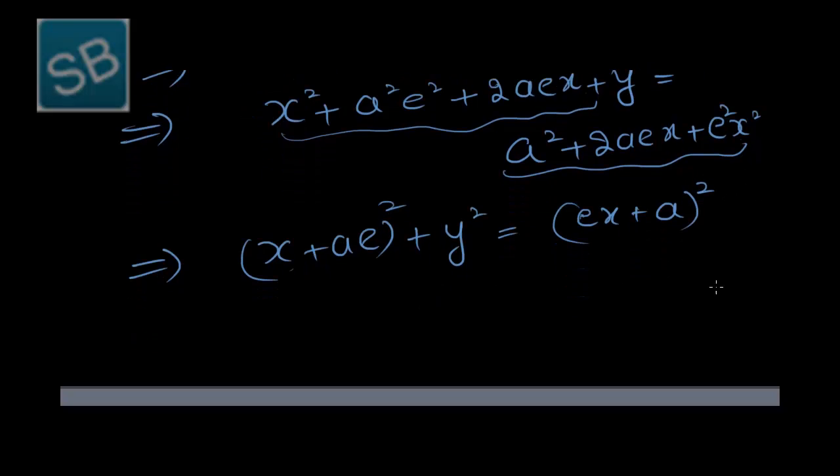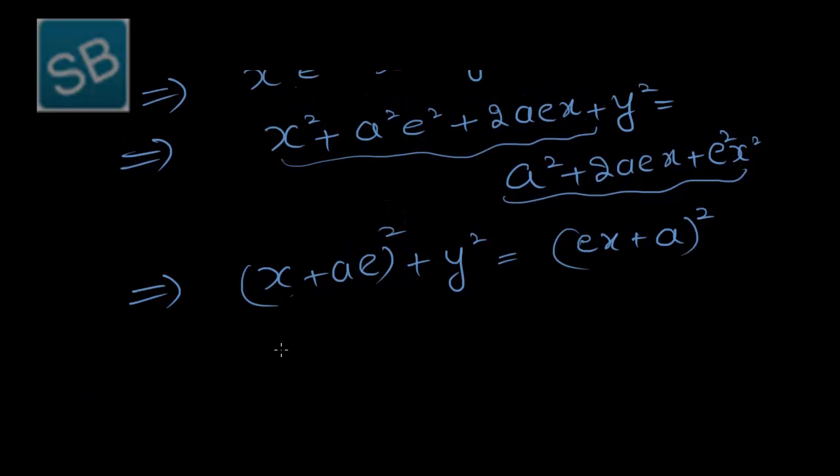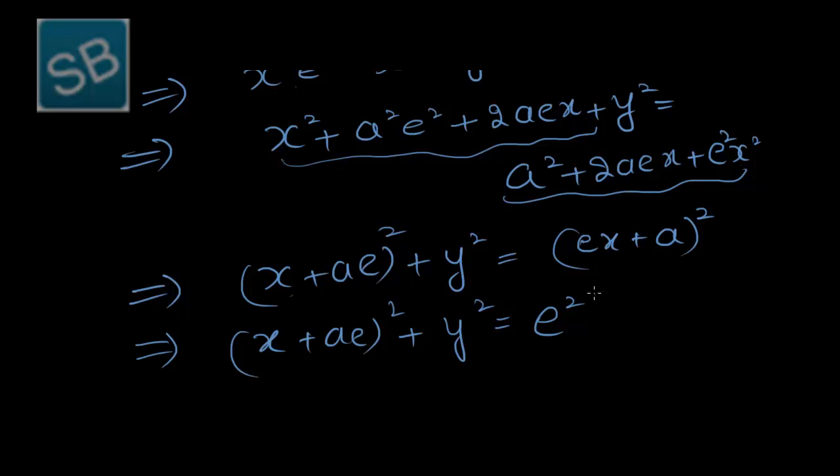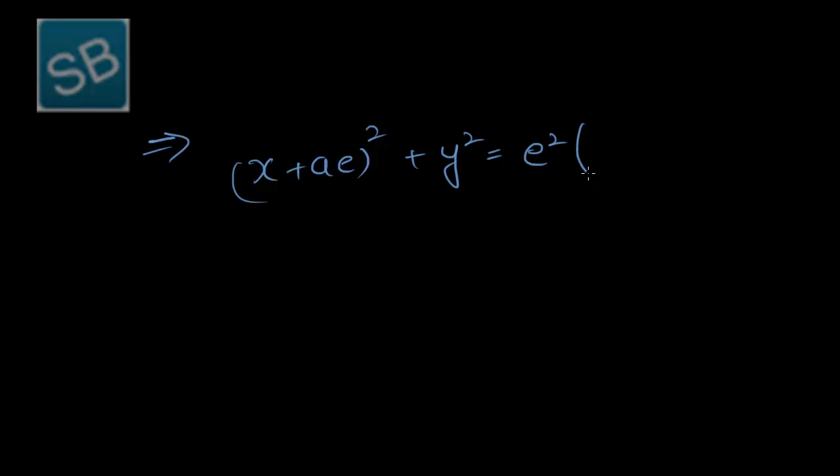That is, from here we will get x plus ae whole square plus y square is equal to e square common, and we get x plus a over e whole square. That implies we have finally x plus ae whole square plus y square is equal to e square times x plus a over e whole square.